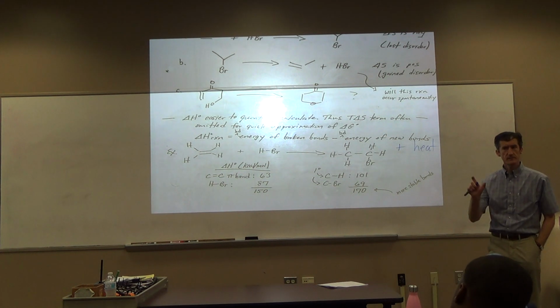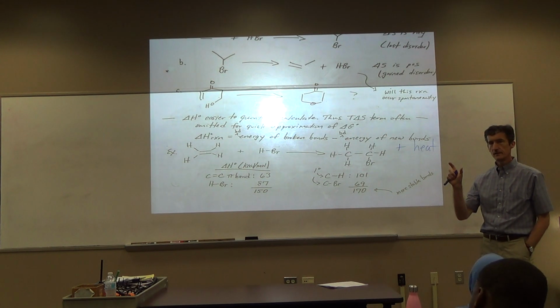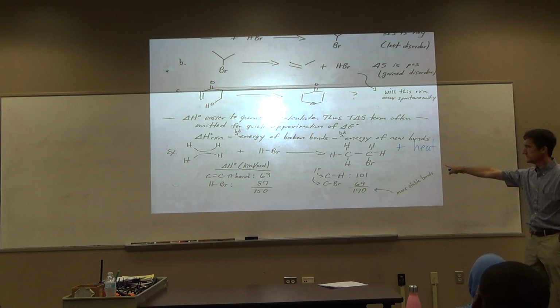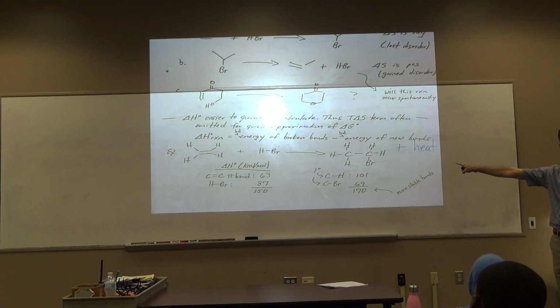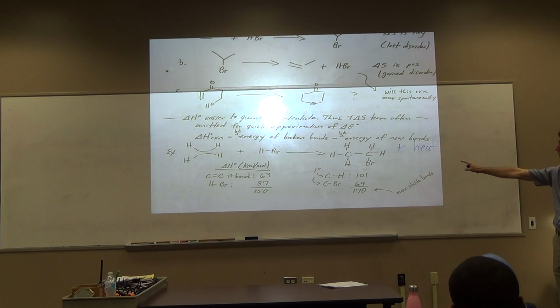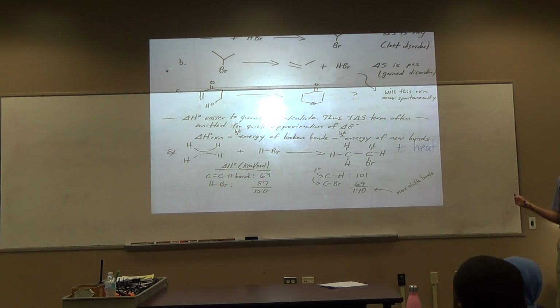Okay, let's talk about delta S. Delta S for this is not favorable? No. Not favorable, because two going to one. So we can say this about temperature. If you want this reaction to happen, would you want to heat it high, or is that a good thing to heat it, or is it bad? You wanted a low temperature.